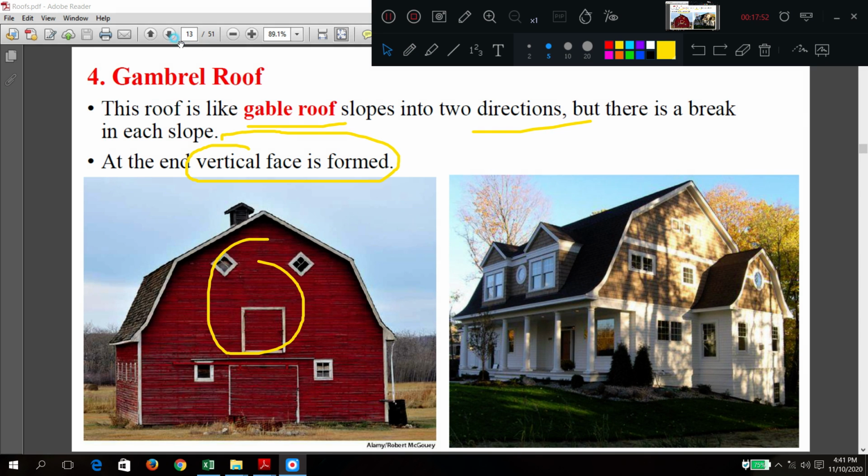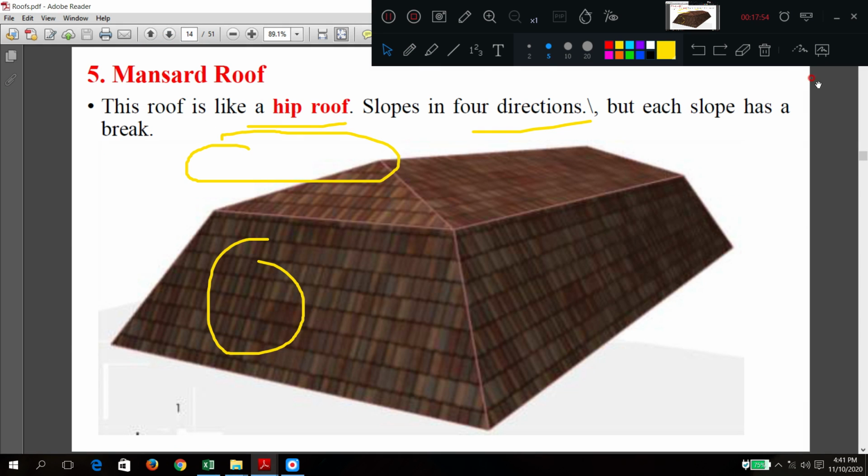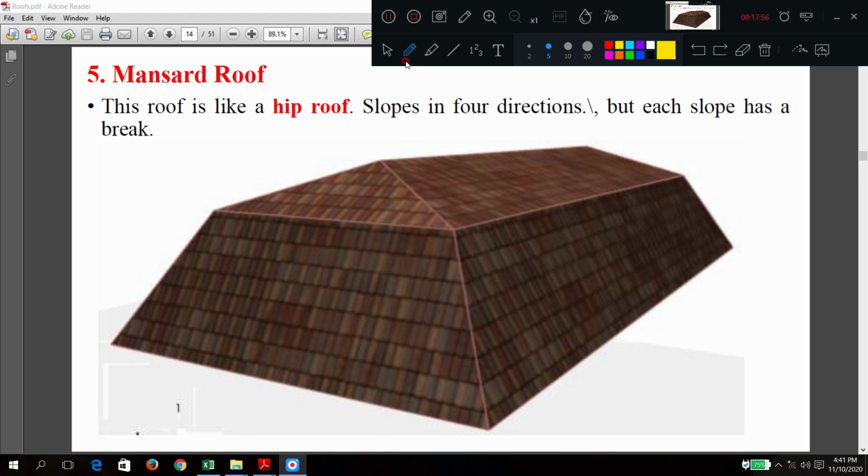Okay. Gambrel. Mansard means what? What is happening in mansard? In mansard roof, there are all four slopes, but it is broken in all directions. Can you see here? Mansard. Just now you were told, no?